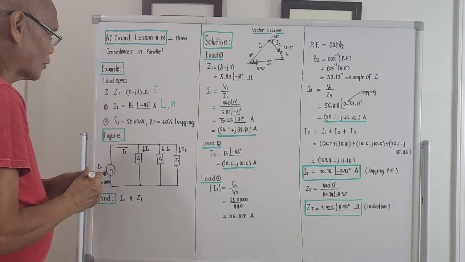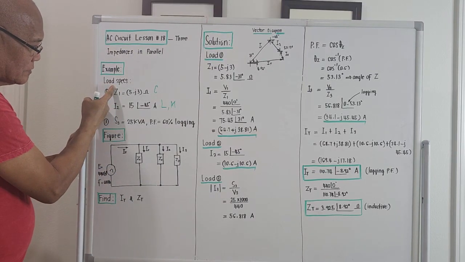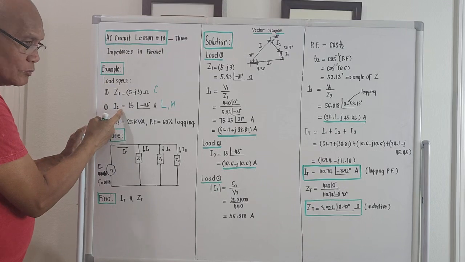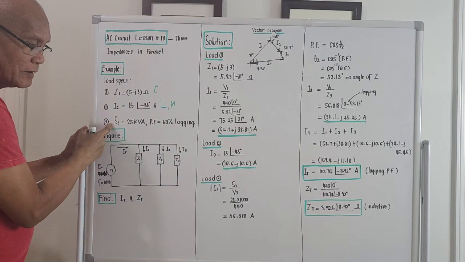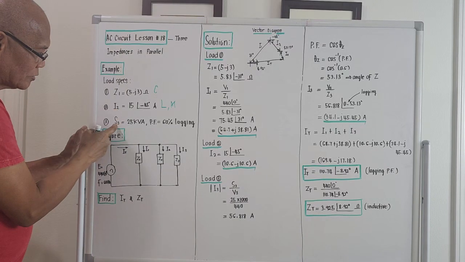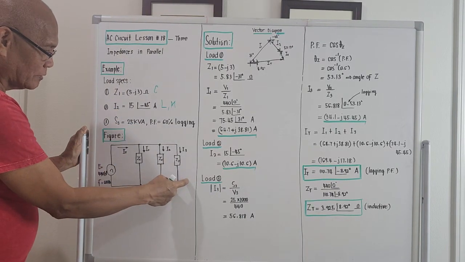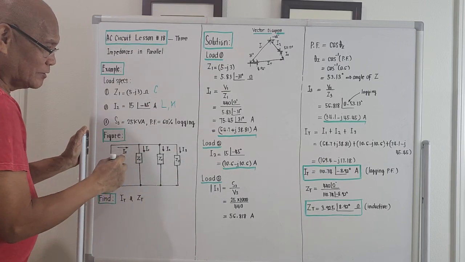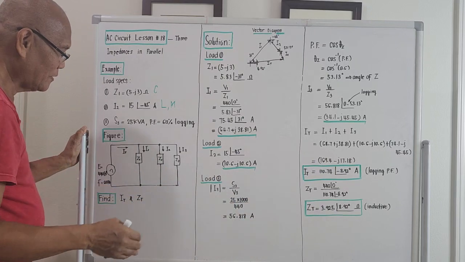Right? For number 3, instead of giving the impedance or the current, what is given for load number 3 is the total apparent power, capital S with the subscript 3. This is a very big load, so this could be the load of a business company maybe.